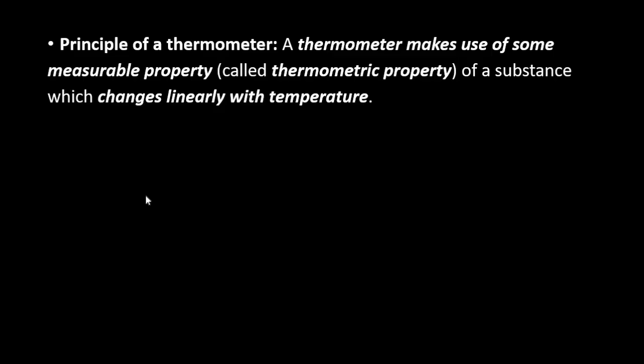Now, what is the principle of a thermometer? A thermometer makes use of some sensing material, some measurable property which responds to external temperature. That measurable property is called the thermometric property. Generally we accept a linear change in the measurable parameter with temperature.